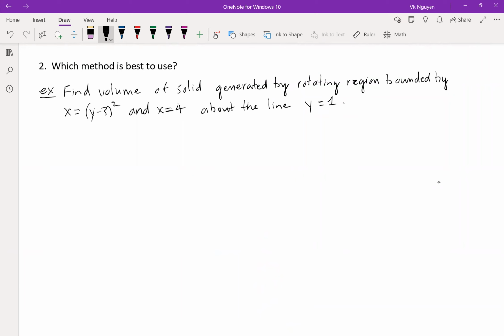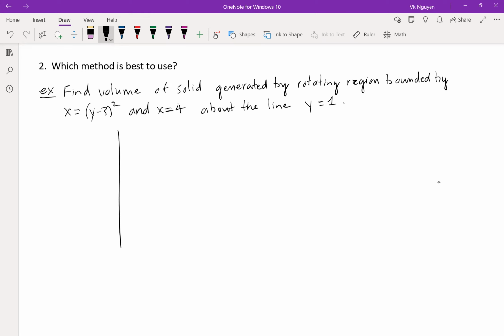Find the volume of the solid generated by rotating the region bounded by x equals (y minus 3) squared and x equals 4 about the line y equals 1. One of them is a parabola, the other one is just a straight line.